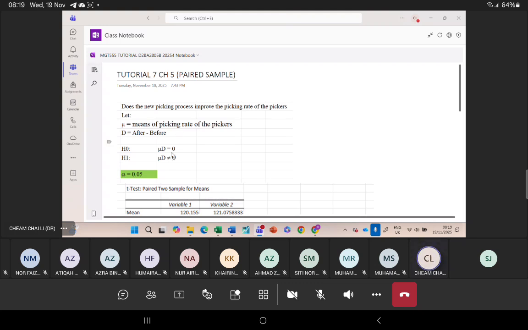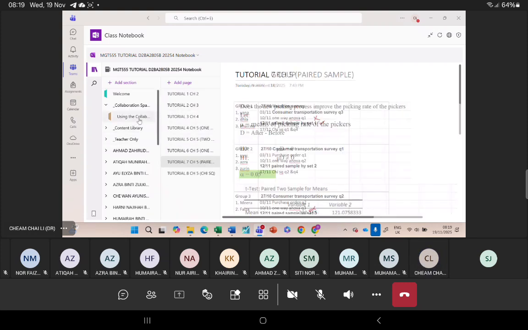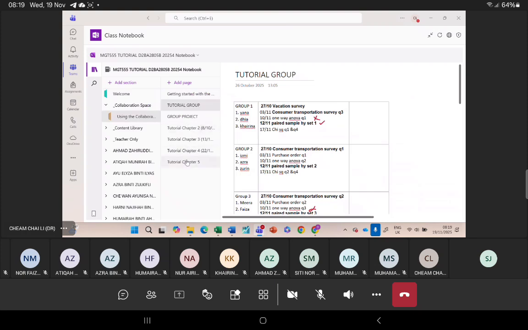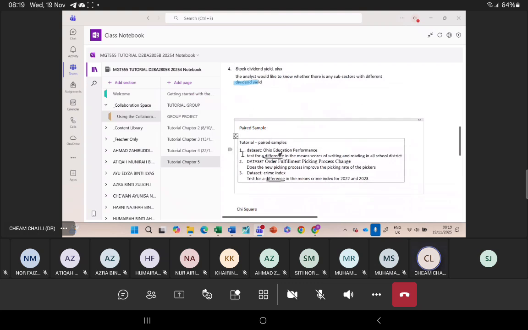So you cannot put this sign in the alternative hypothesis. So we look at the question again. If you look at question 1 and question 3, they are tests for a difference, right? So it means we want to know whether the crime index in 2022 and 23 is not the same. So you have to put the difference or not equal sign in the alternative hypothesis.